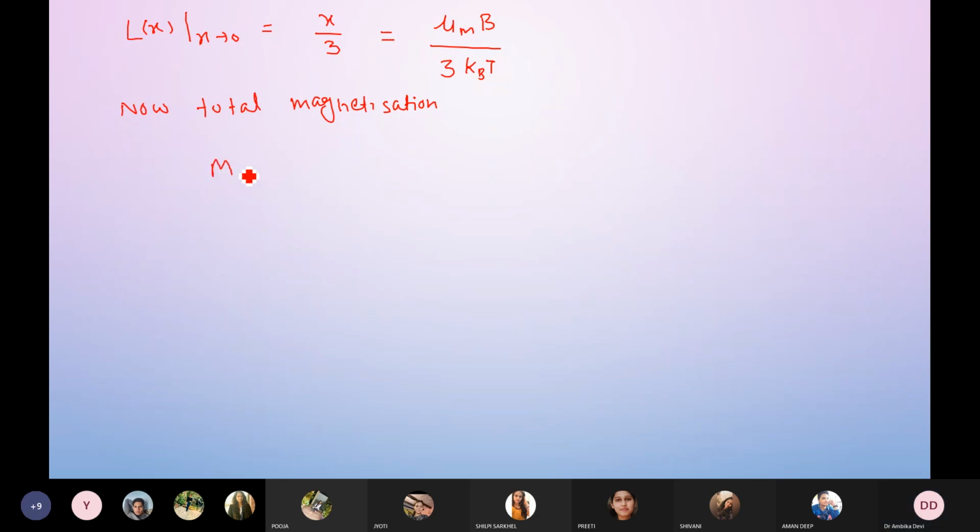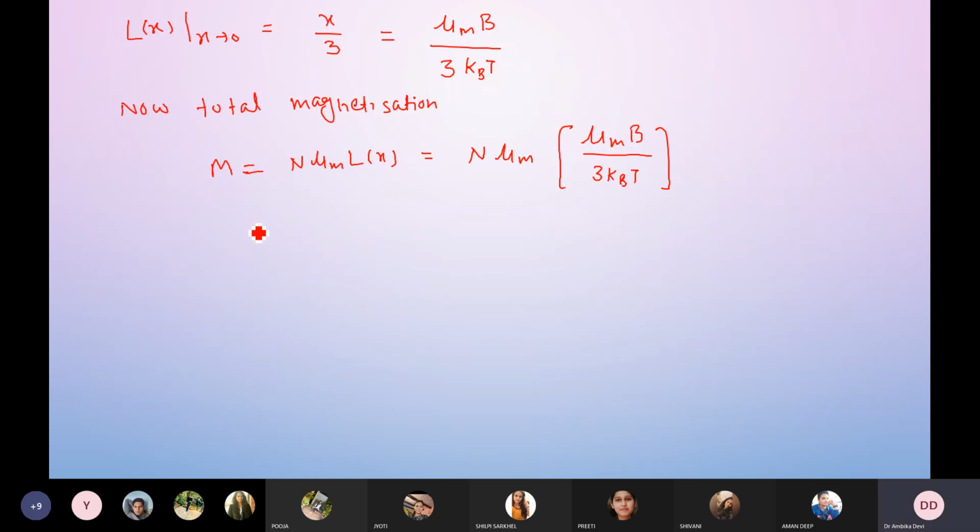M was equal to N mu m into L(x). The value of L(x) is mu m B upon 3 kBT.